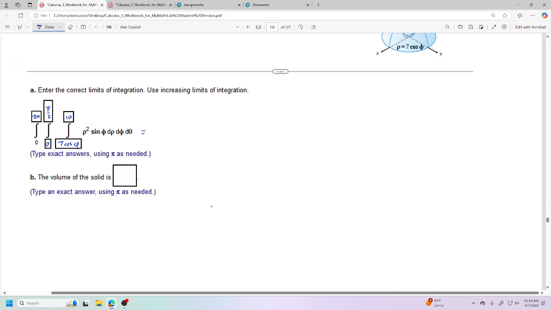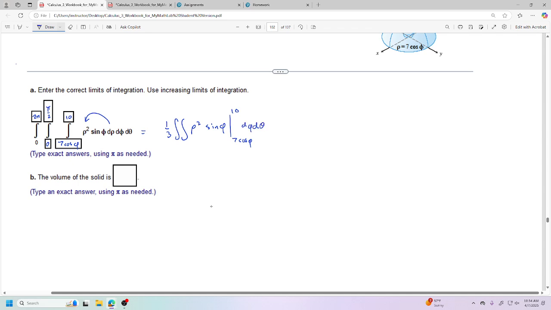Here we go. So rho is going to be the first integration thing. What do I get for that when I integrate this little guy? One third rho cubed. And then I still have this thing, and I'm plugging in both of those things, d phi, d theta.